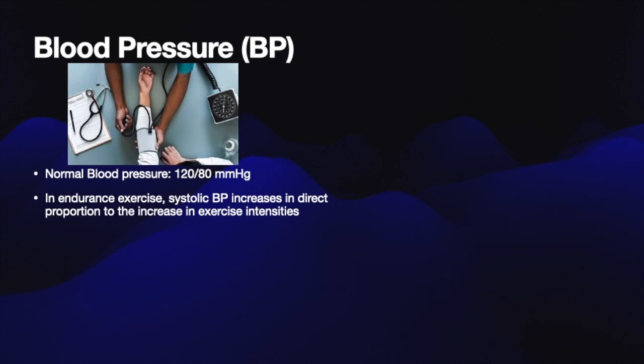What happens to our blood pressure when we do aerobic exercise or endurance exercise? The systolic blood pressure is the higher value, because it's the highest force exerted. Systolic blood pressure, the first number, indicates how much pressure your blood is exerting against your artery walls when the heart contracts.